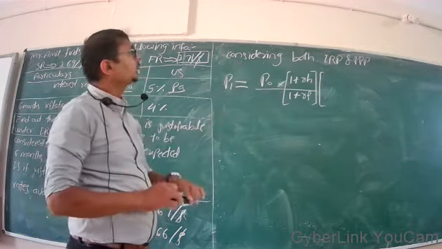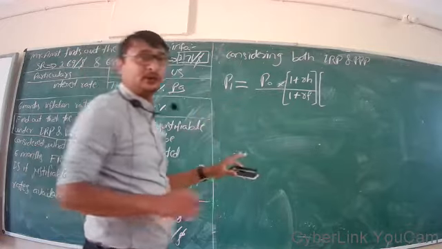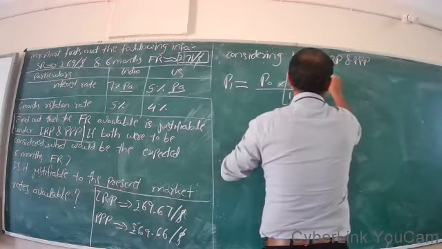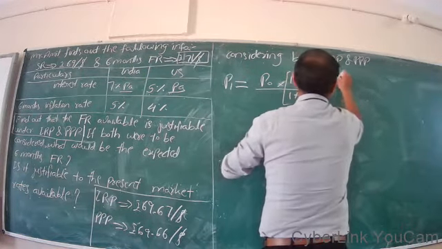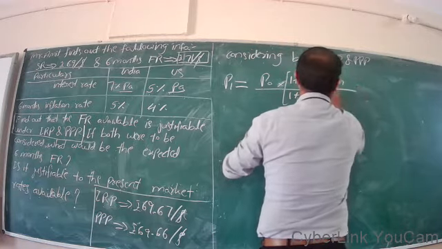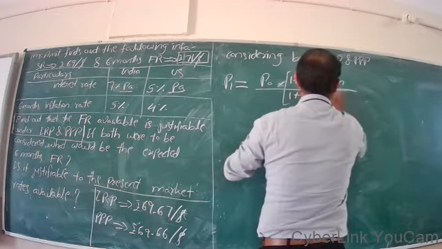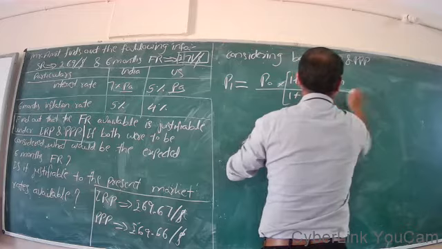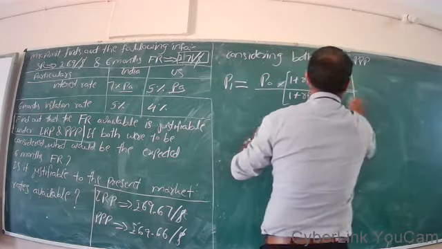So the formula for purchase power parity theory is 1 plus IH divided by 1 plus IF.